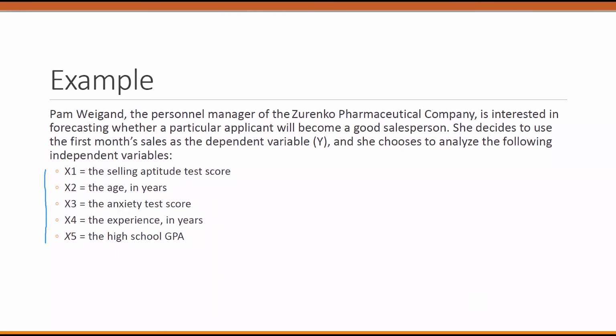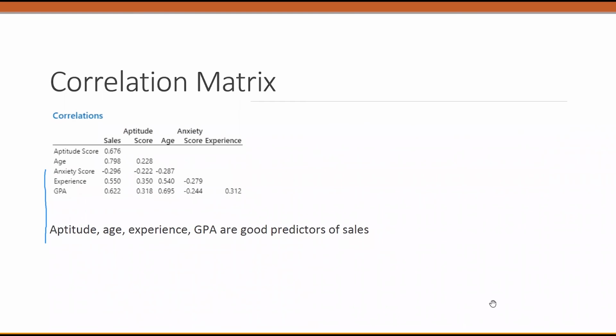First of all, let's look at the correlation matrix, just so that we have a general idea of how these variables are correlated with each other. If you look at the first column right here, all of these values are the correlation coefficients for each of the X variables with the Y variable, sales, right?